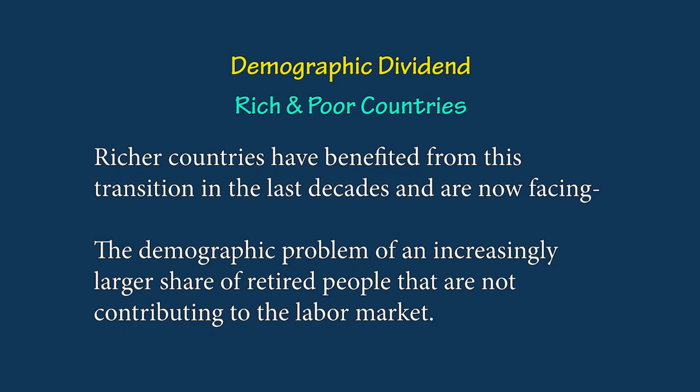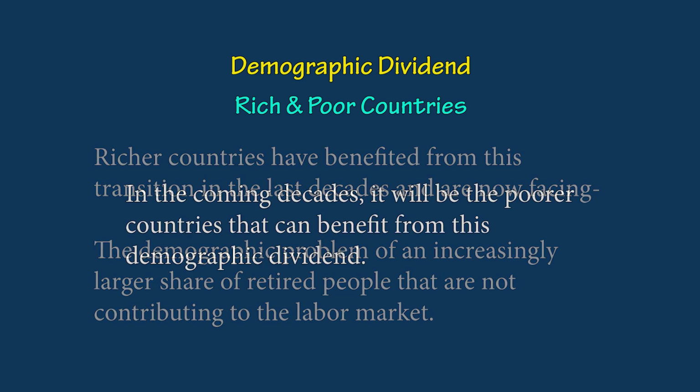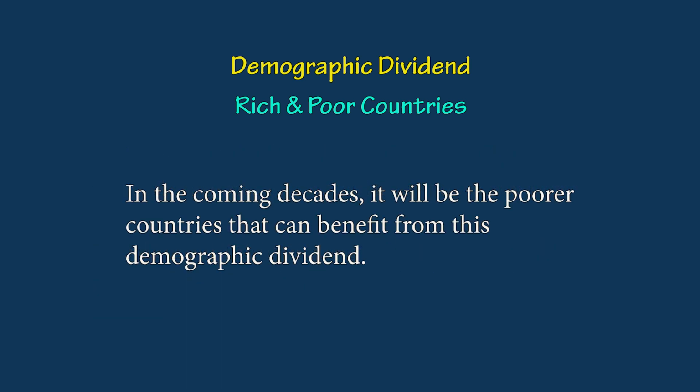So, rich and poor countries in terms of demographic dividend: rich countries have benefited from this transition in the last decades and are now facing the demographic problem of an increasingly larger share of retired people that are not contributing to the labor market. In the coming decades, it will be the poorer countries that can benefit from this demographic dividend.